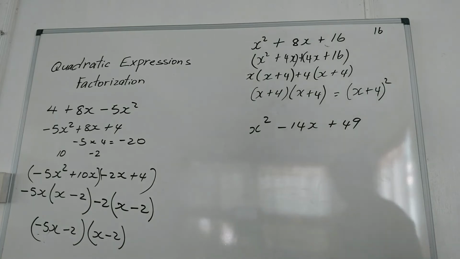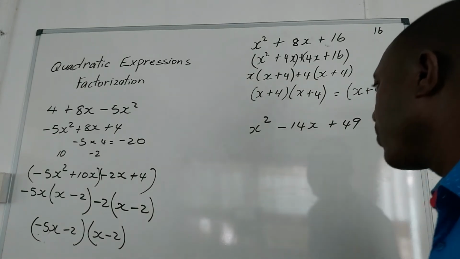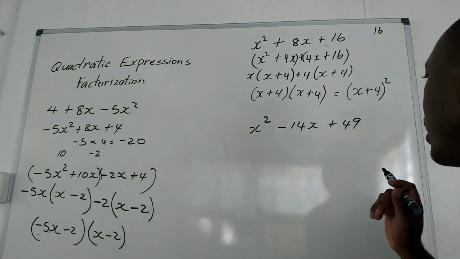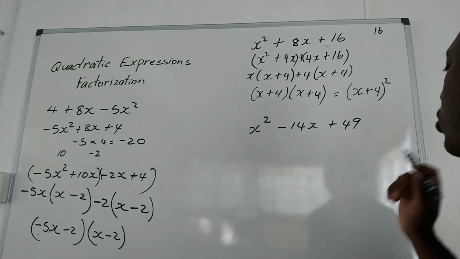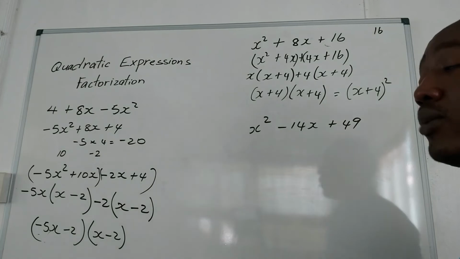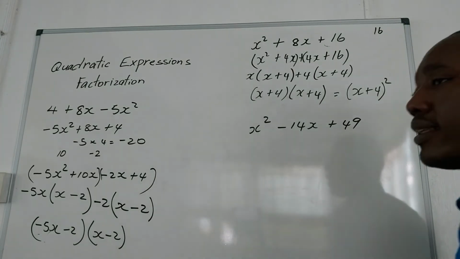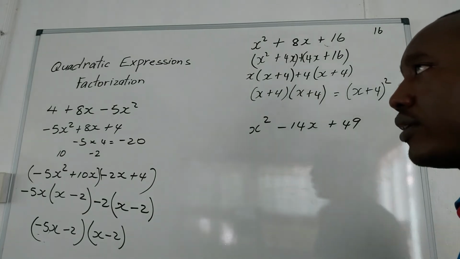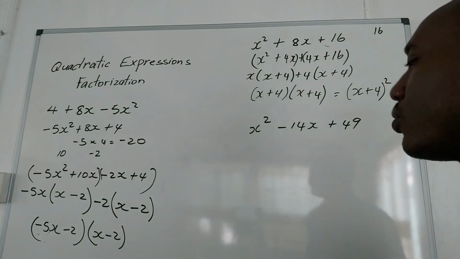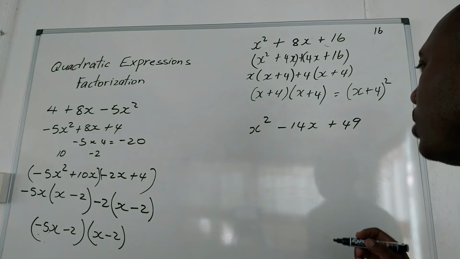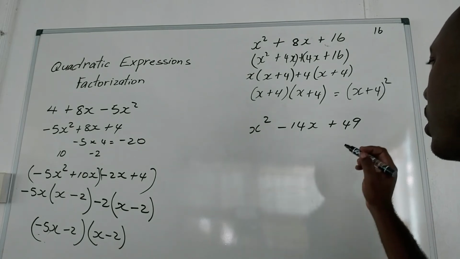No trouble with that. Let's try this one, where we have to find the two numbers that when we multiply we get 49, and when we add we get negative 14. So what would be those two numbers?